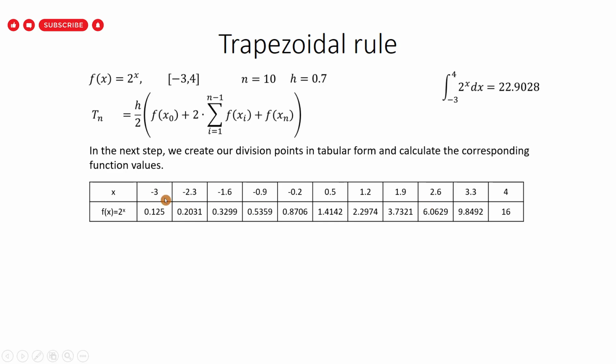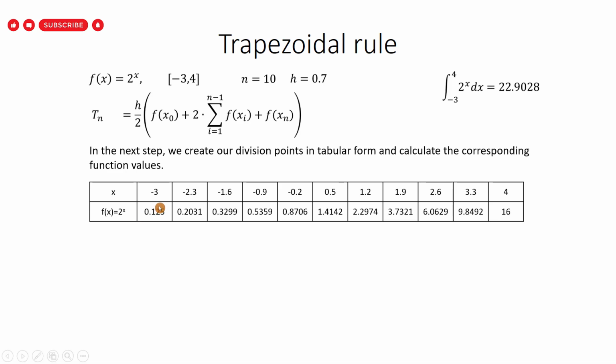We just put the lower boundary, which is -3, plus h, which is 0.7, equal to -2.3, and then plus h equal to -1.6, plus h equal to -0.9, and so on until you get the upper boundary, which is 4.